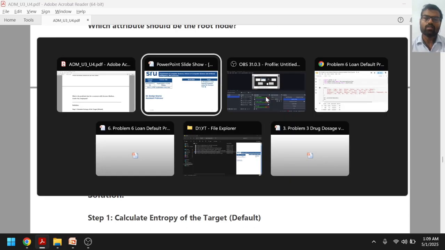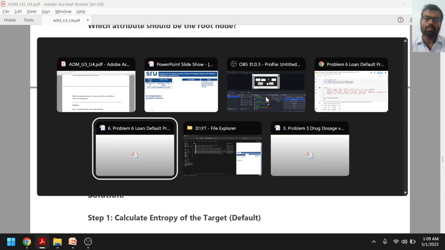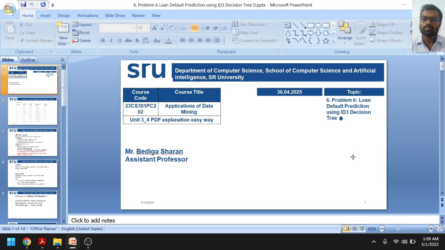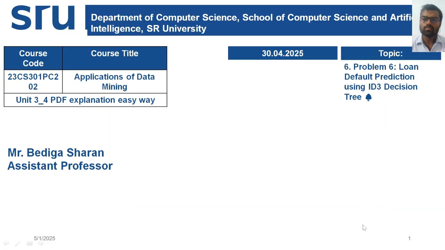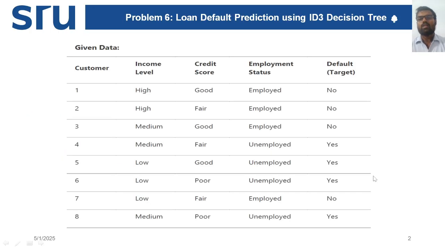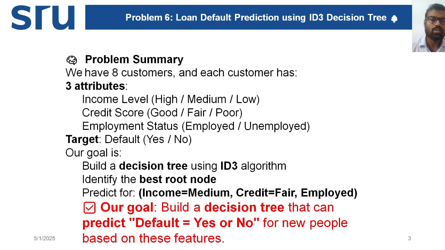We will look into this using the decision tree with the ID3 algorithm. Let's solve this step by step. This is the data set, as we just observed. Let's get back to the overall summary of the data set. Income has three types, credit score has three types, and employment has only two, employed or unemployed. The target is whether he will pay the money back, since he has a loan.